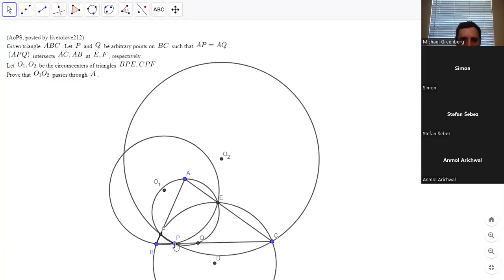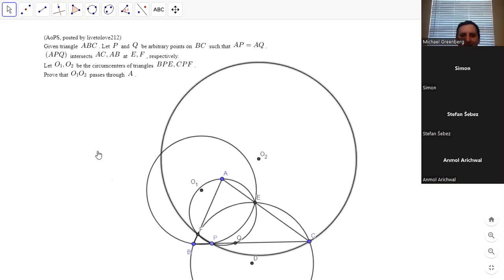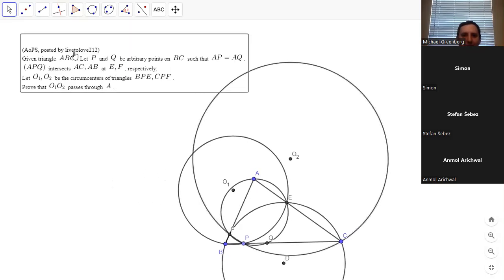Now P stays the same, and circle FPC inverts to BPE. So these circles invert to each other, and it is a well-known thing that centers stay linear when inverting. That is a very simple problem. So yeah, that was a fast one.